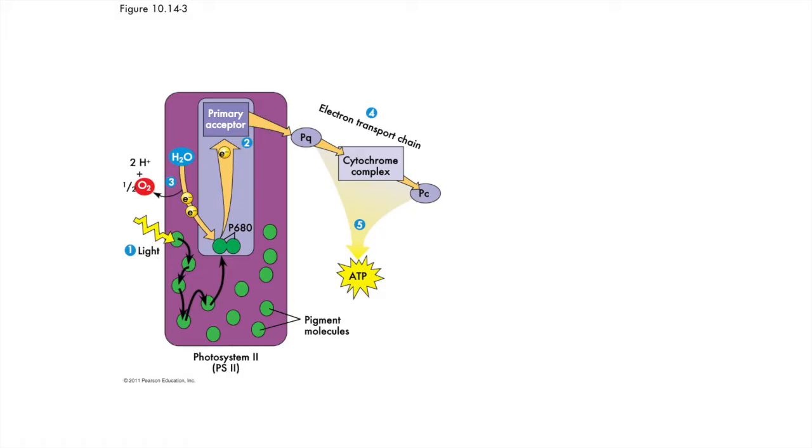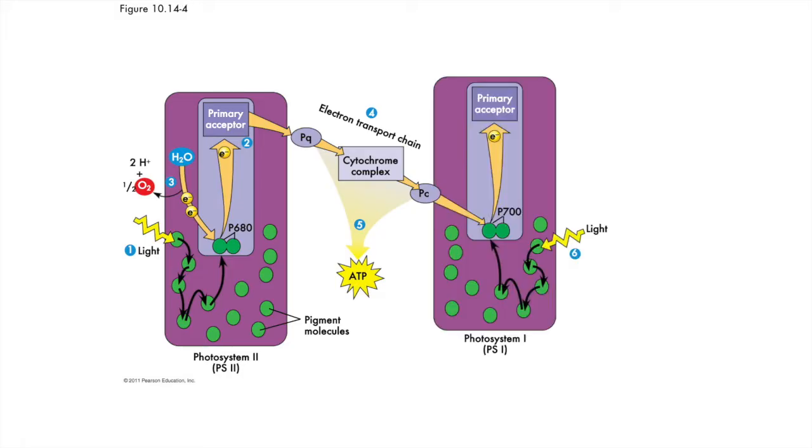This is photosystem 1, again, because of the order of discovery and evolution. Photosystem 1 is also absorbing photons, albeit of a slightly lower energy or longer wavelength. This re-excites the electrons that came from photosystem 2 and transfers them to the primary electron acceptor of PS1 via P700, which is similar to P680, a special pair of chlorophyll A molecules.